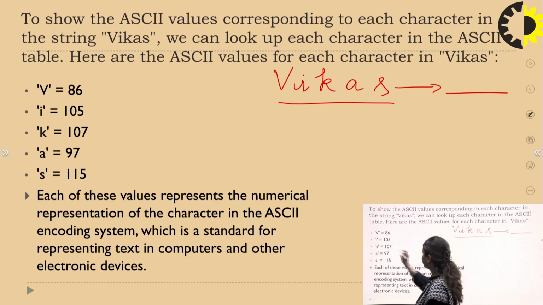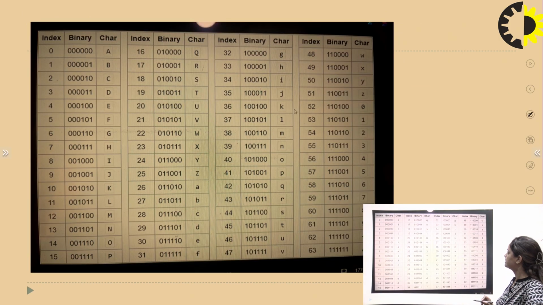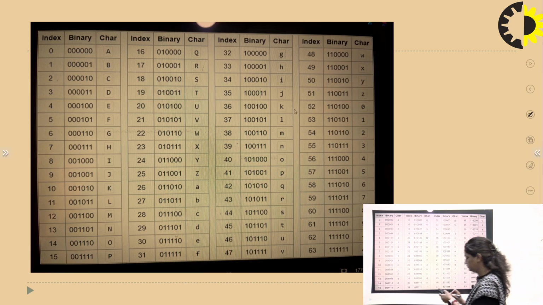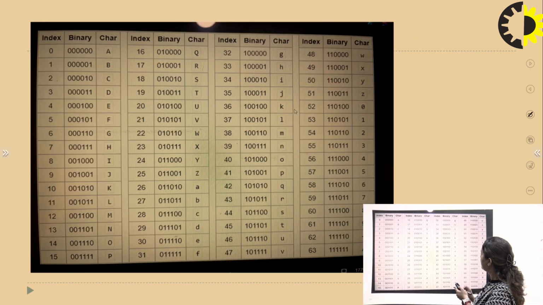So the character V has the number 86, as we can see in this diagram. The capital V will have 86 as its code.